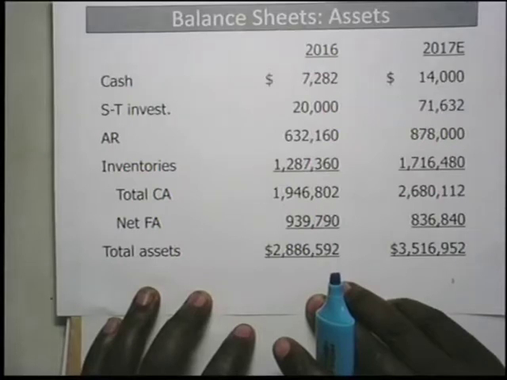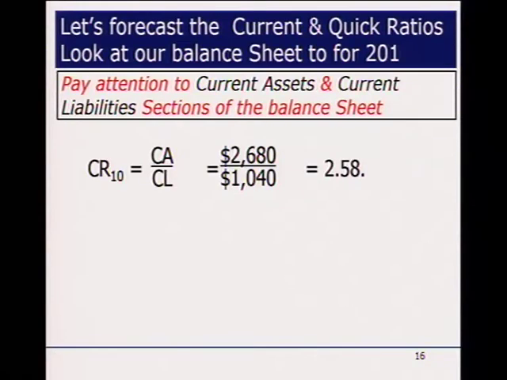Let us forecast the current and the quick ratios. Look at our balance sheet. Wrong grammar there. For 2017. It's supposed to read 2017 as indicated here. So my apologies for that omission and for that grammatical error.